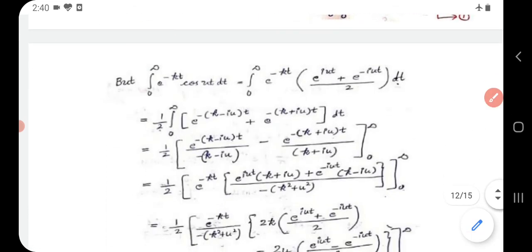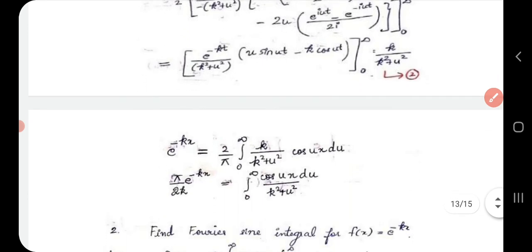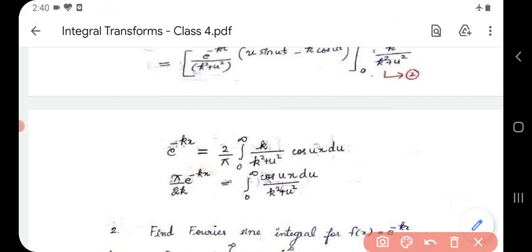That is what is written here. Okay, now in your LHS, what was it? It was your function in the question, that is e raised to minus kx. So here take all this 2 by pi to this side. So finally your integral, this one will be pi by 2 e raised to minus kx is equal to integral 0 to infinity cos ux by k square plus u square du.